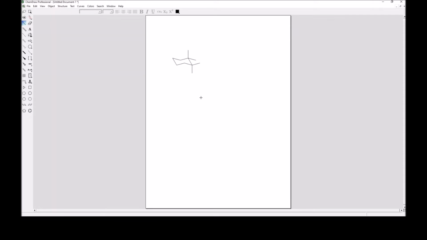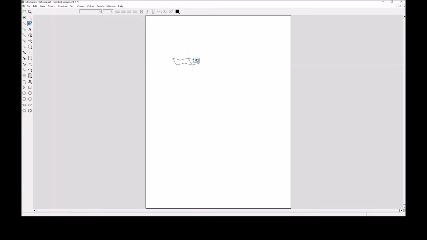For something to be cis, both of the methyl groups need to be on the same side of the cyclohexane chair, meaning they both need to be up. So if I put a methyl group there and a methyl group right there, then this would be cis. The other version of cis would be having both of those methyl groups down.